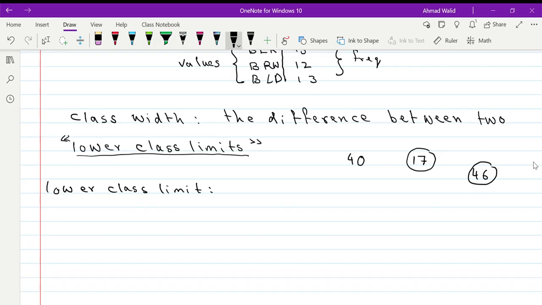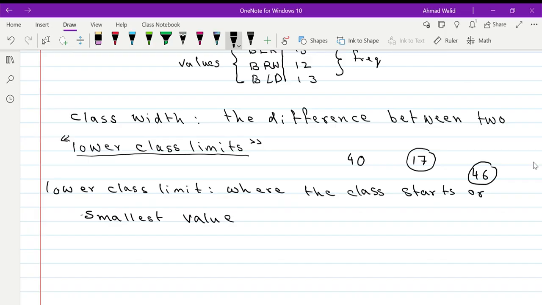Your lower class limit is where the class starts. Or you can say the smallest value belonging to a class.